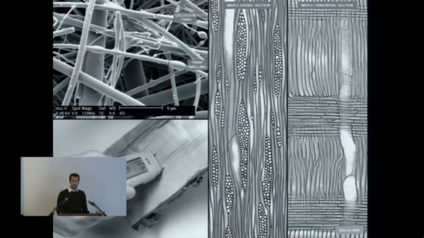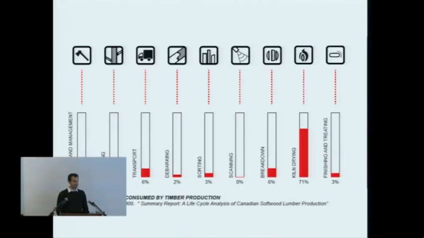This is something we usually experience as a deficiency of the material, because the way we come across the dimensional instability of wood is in the form of jammed drawers or wobbly parquet floors. And in fact, we invest more than 70% of the energy in wood processing to suppress this inherent behavior.